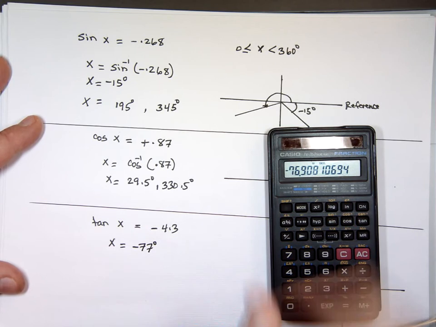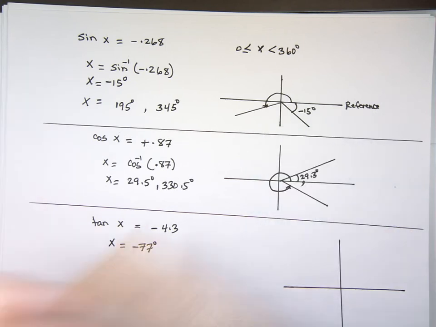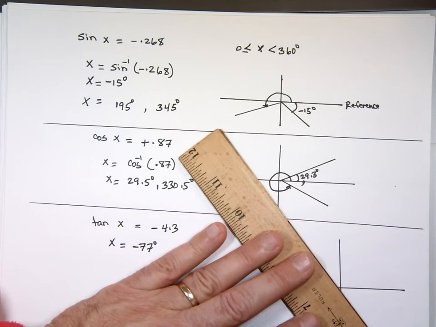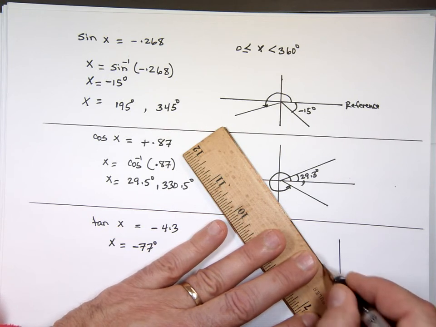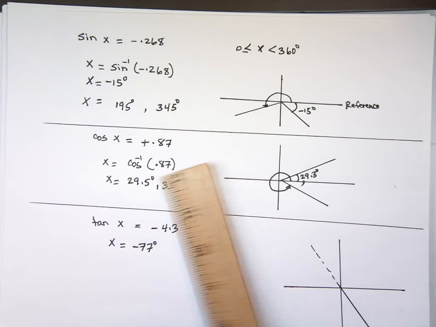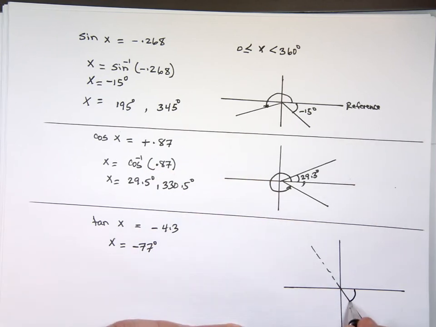That's down here, and for a tangent, you always extend the line. So this is the negative 77. We don't want to use negative 77. First, let's find this one. What's this one going to be?